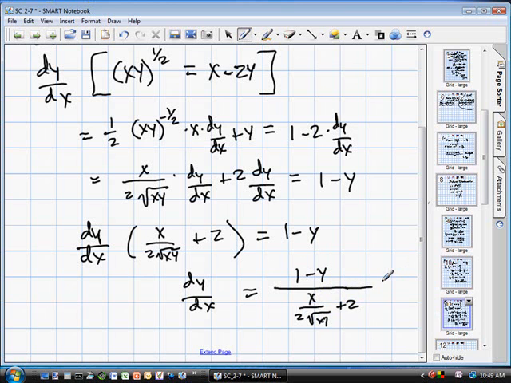We probably want to keep simplifying that some more. And by the way, that's supposed to read xy right here.